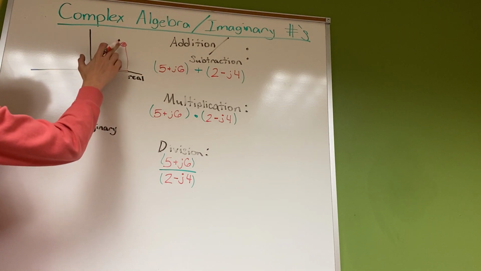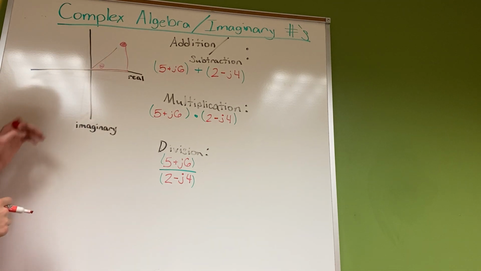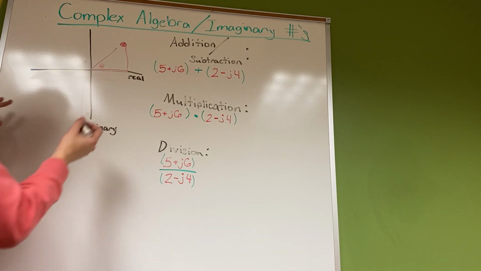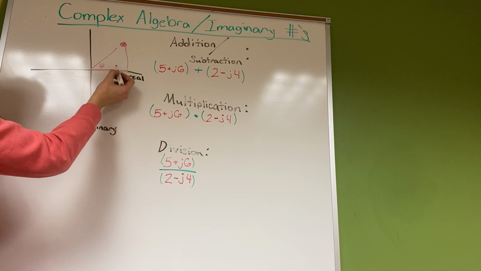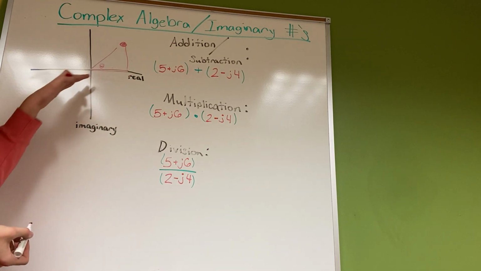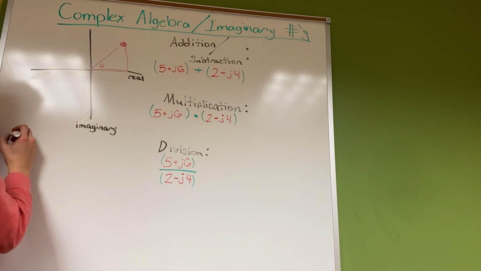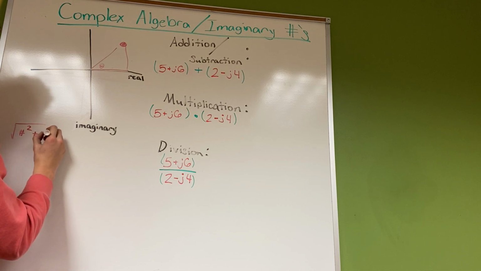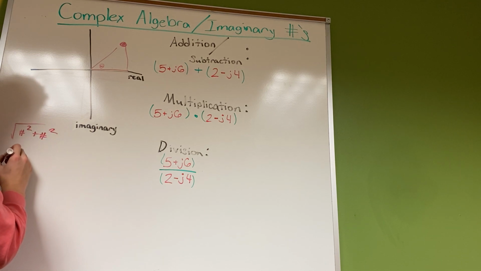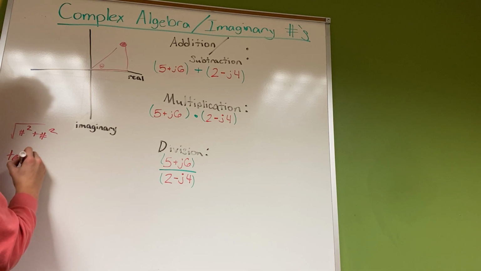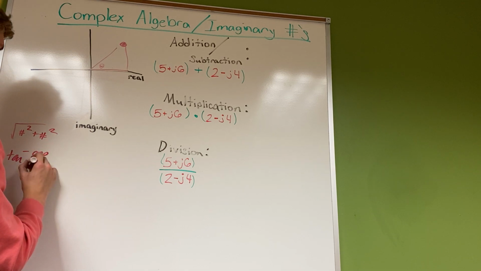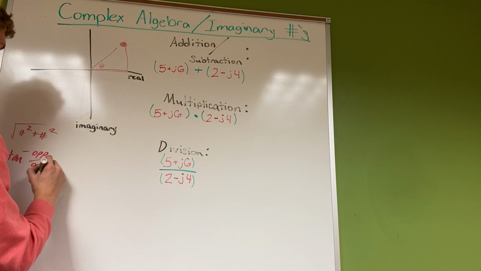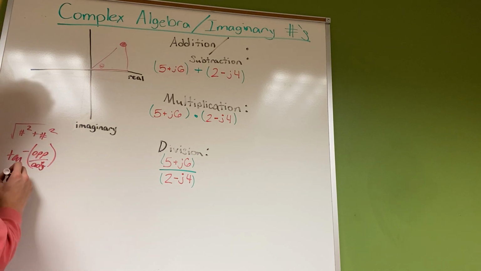I do the Pythagorean theorem to find my distance, and then I can do the tangent inverse of the opposite over the adjacent to find the angle. So that was Pythagorean theorem or tangent inverse of the opposite over adjacent.